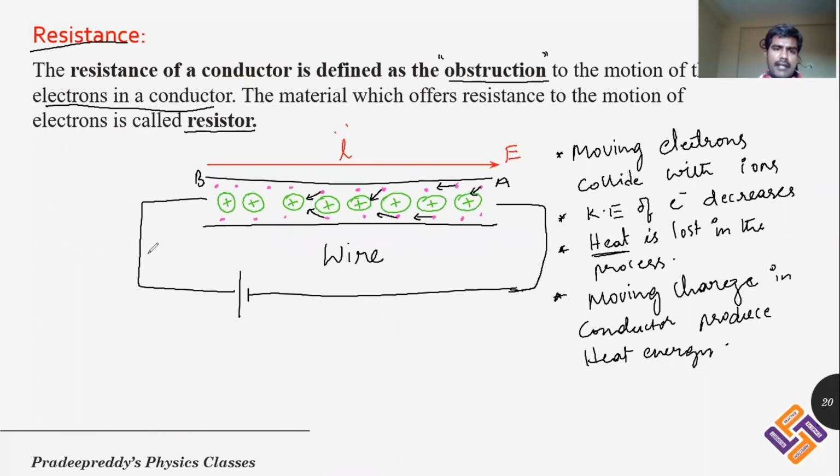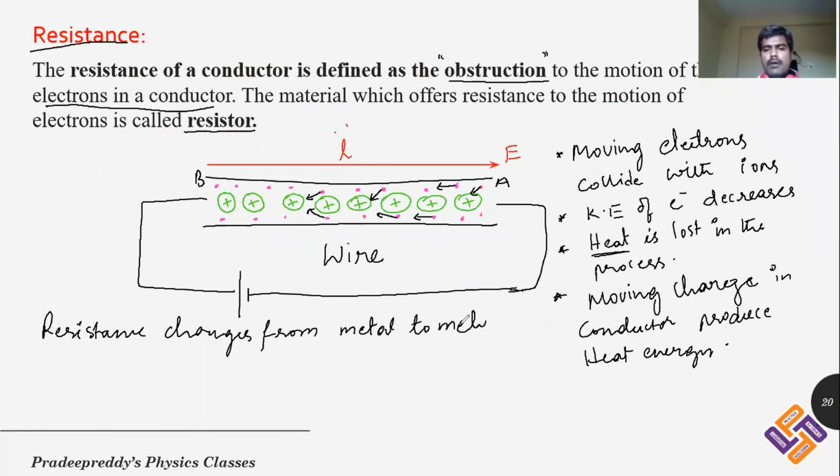So clearly, resistance changes from metal to metal. It depends upon a few factors. On what factors the resistance depends, we will see now, of course.